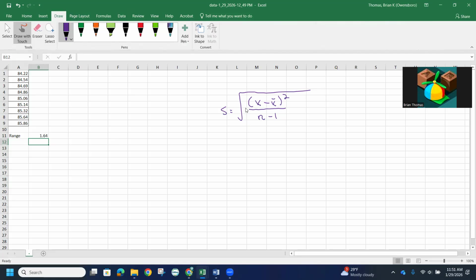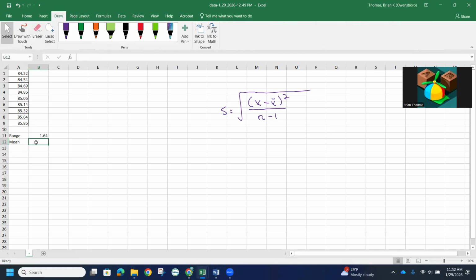So I'm going to come down here below range and click a cell. Right below the range, I'm going to put the word mean. Then in the box next to it, I want to actually calculate the mean.